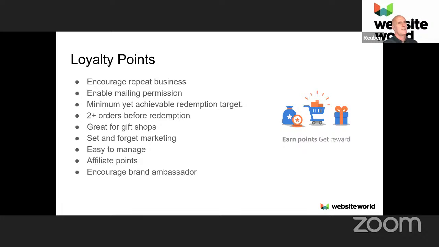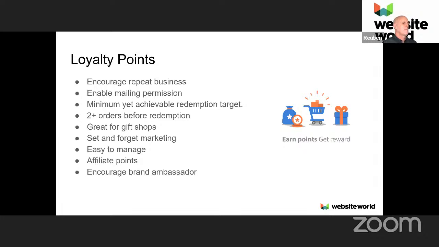Affiliate points is another interesting one. If we use our customers to promote our products on social media, for example, or promote products to friends, we might offer our customers affiliate loyalty points. So if they promote a product on social media and a customer buys that product following that link, it is tracked to them, and they might get perhaps 5% points, and the purchaser might get 10% points.